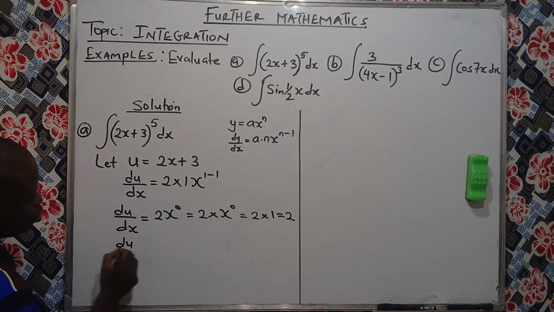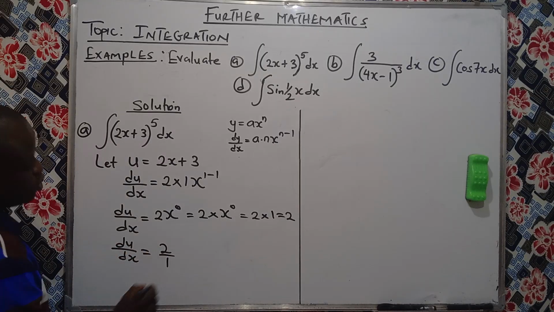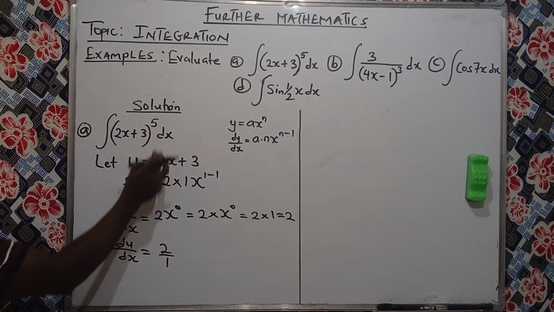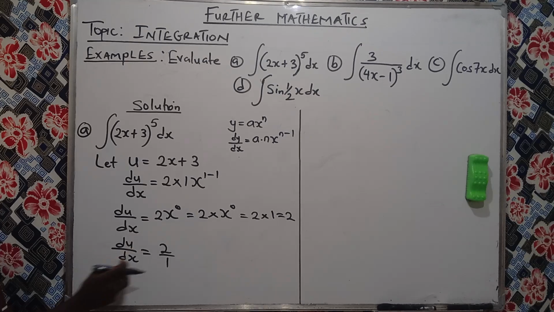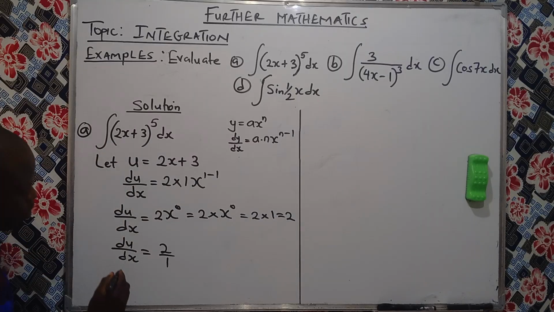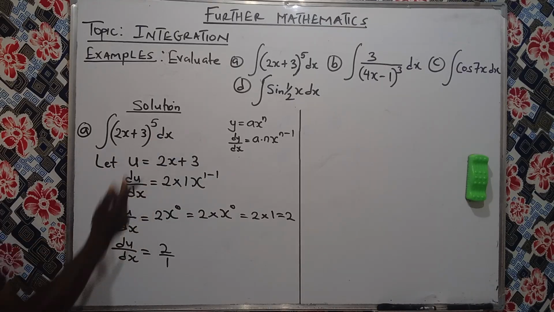Now, du over dx equals 2 over 1. And then we're going to represent this dx here. That's why we are going to cross multiply. Okay, and you replace your u back in the integration here. Now let's make dx the subject of the formula so that you can replace it here.